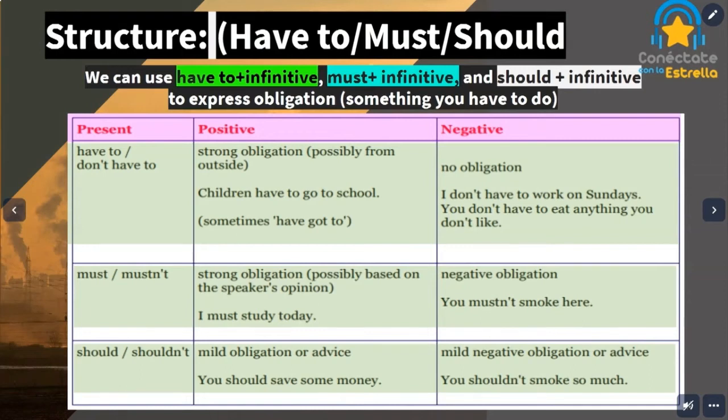And when you use must, it's also to express obligation, but according to the speaker's point of view or opinion. For example, I must study today. And in negative obligation, you must not or you mustn't smoke here. And when we use should, remember that should is a mild obligation or advice.